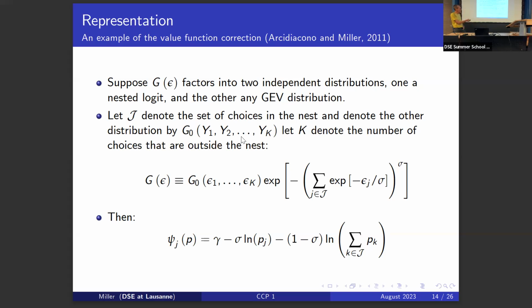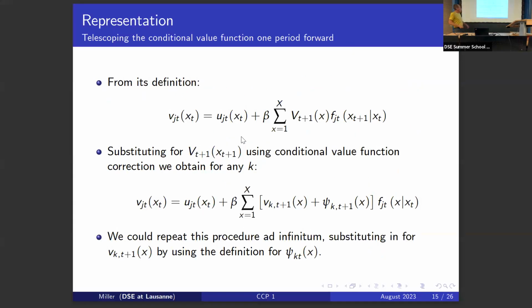So if there was no nesting anywhere and this wasn't there, then this thing would be equal to 1, this would be equal to 0, and the correction factor for the type 1 extreme value would just be gamma minus log p, where gamma is 0.577, Euler's constant. So you can see straight off that it's dead easy, whether you're doing a static model or a dynamic model in this kind of world, to have nested logit with various nests. So that's just an example.